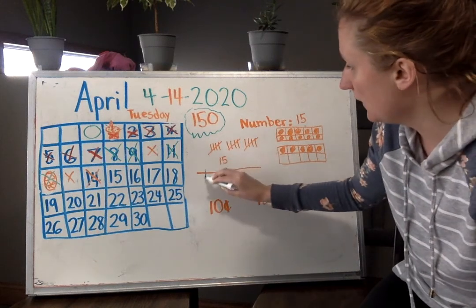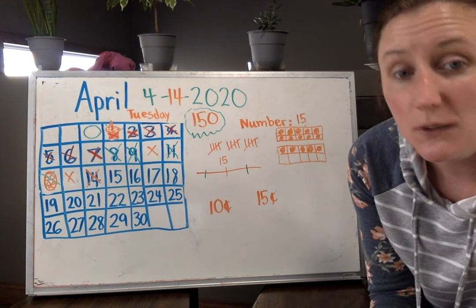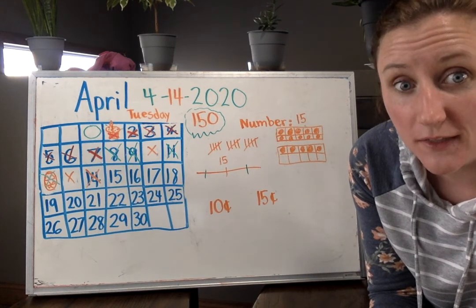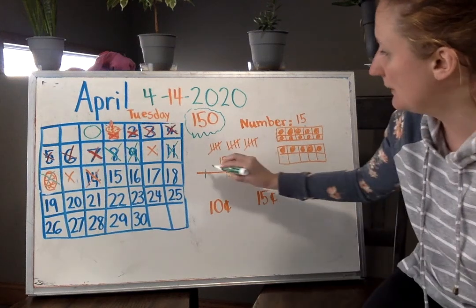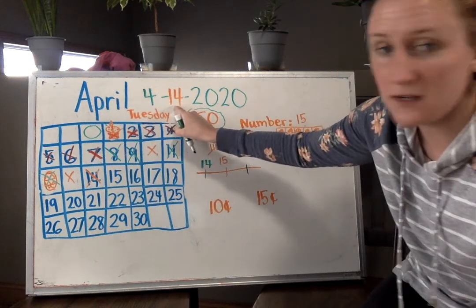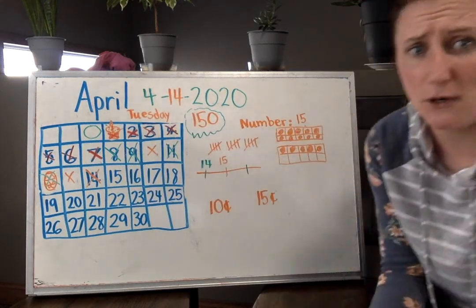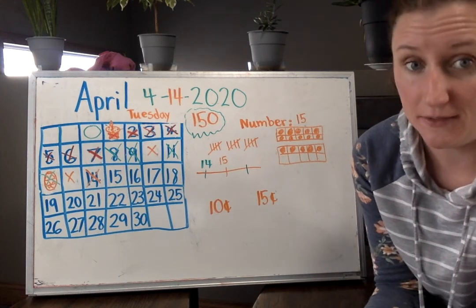On our number line, I want you to think about what is one number less than the number 15? What is one number smaller than the number 15? Just one less. Counting down 1 would be the number 14. And it is April 14th today. Now, I want you to think about what number is one number greater than 15.